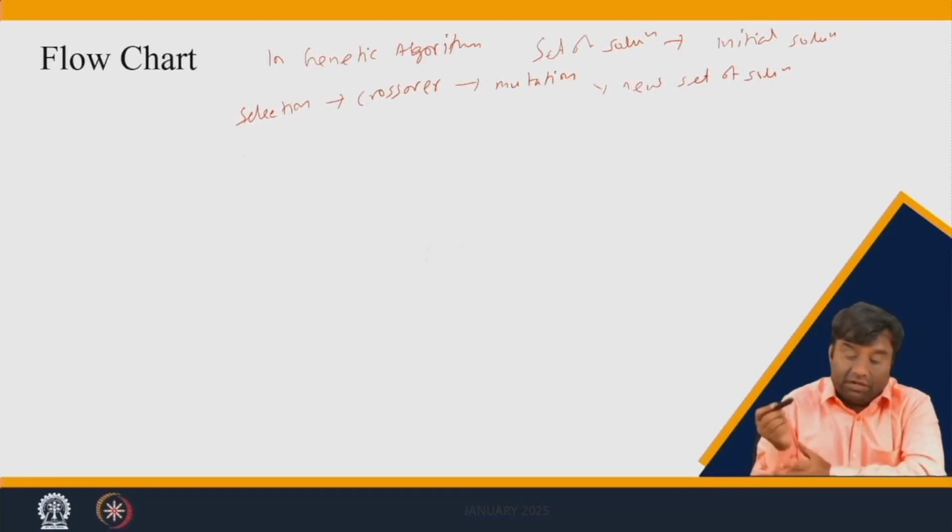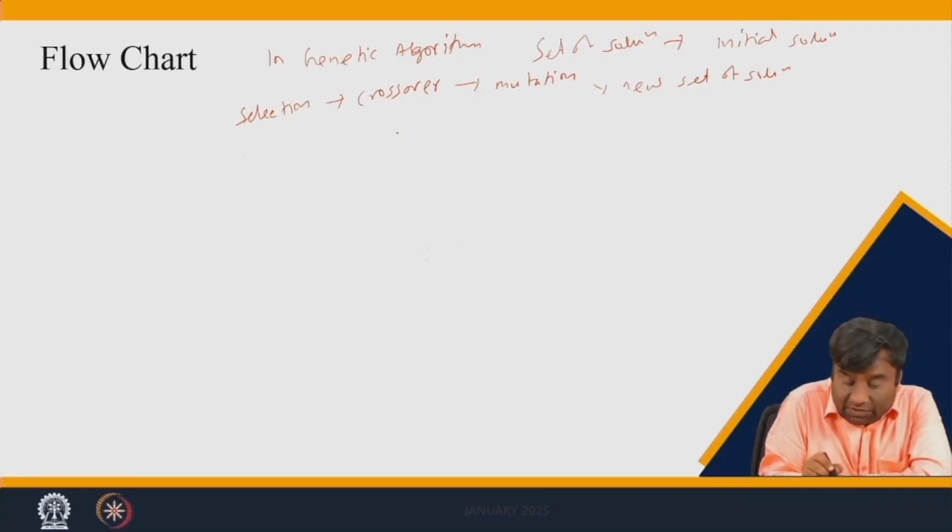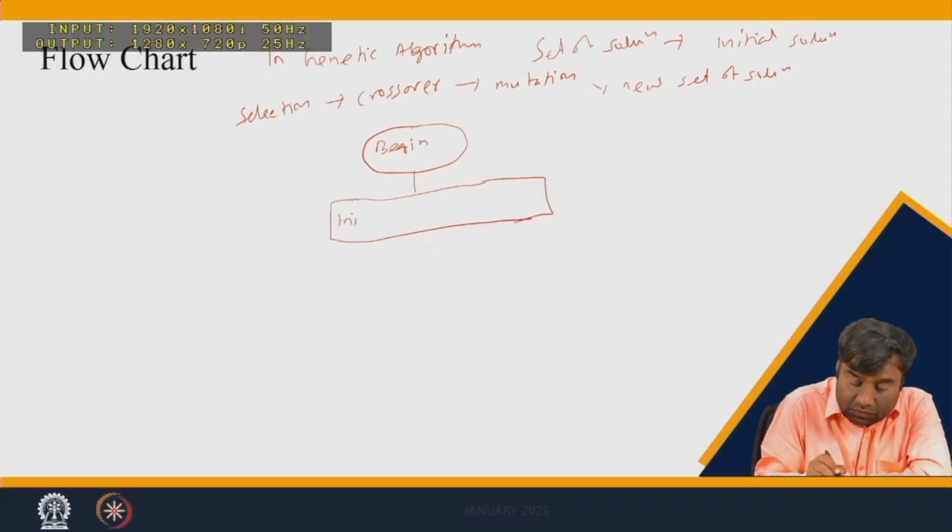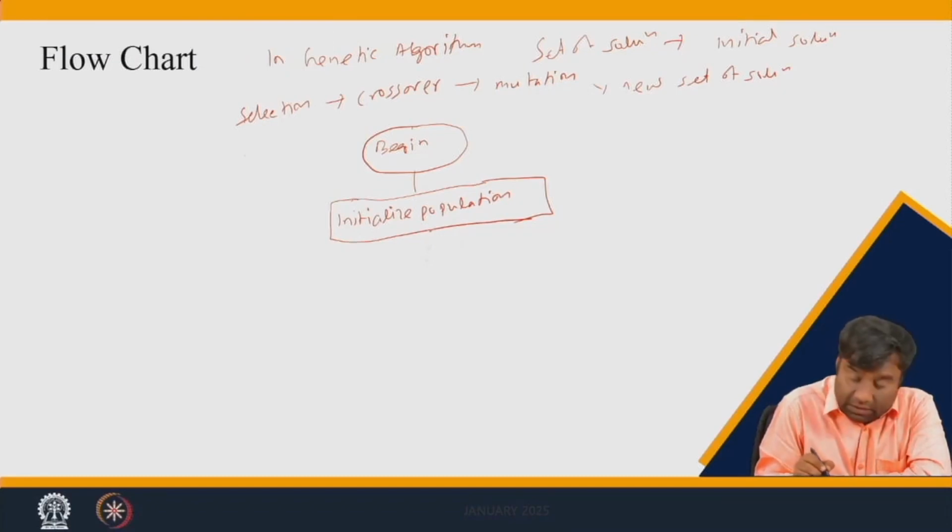So now try to understand the flowchart. We begin with initialize populations, then we are doing the evaluation, that is the fitness test, at t equal to 0.